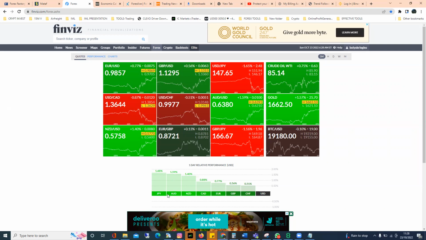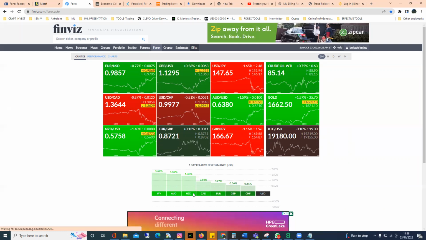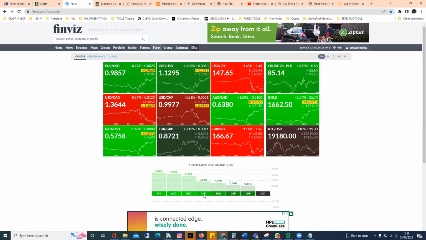All right, so you can see that the yen is a safe haven currency, and we have all the commodity currencies, Aussie, New Zealand, and Canadian following it. Okay, so in this kind of scenario, as much as we could have called it a risk aversion because of the yen, the dollar, which is the greenback, that people fly into when they are running away from risk, remains completely dead.